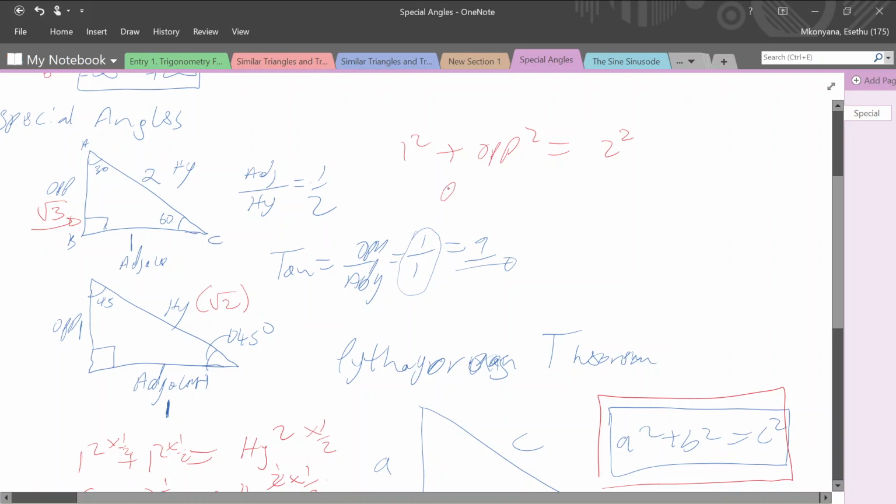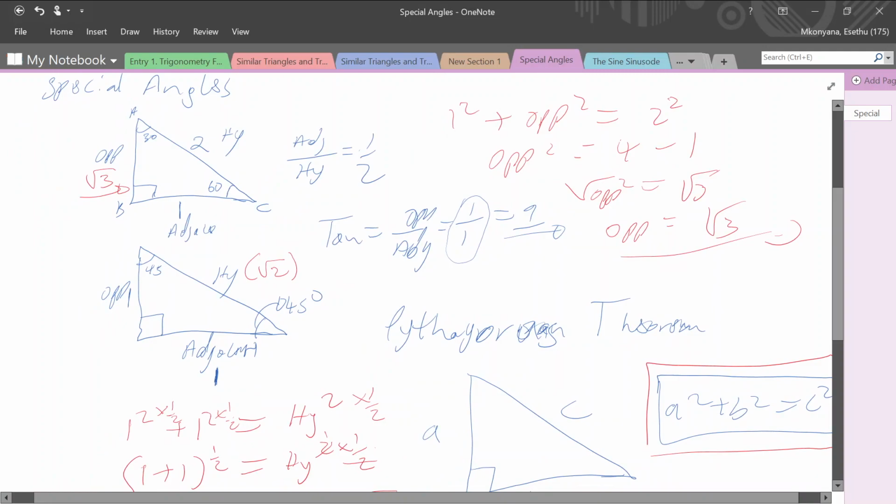So opposite squared is equal to 4 minus 1, because any number squared to the power of 2 is 1. Then we take the root, and opposite is equal to root of 3, because that root removes the 2, like we saw here how it does it.